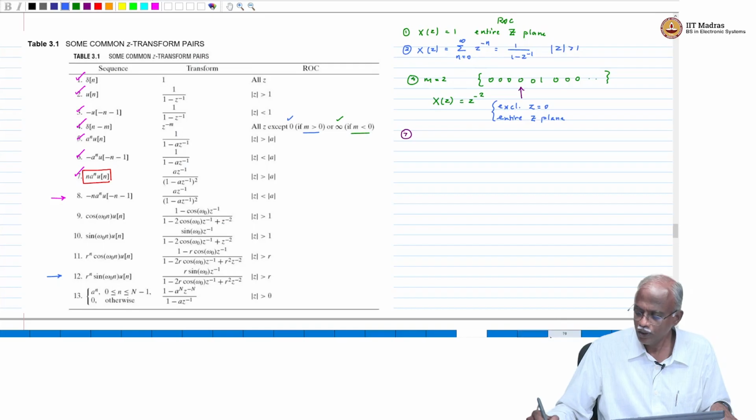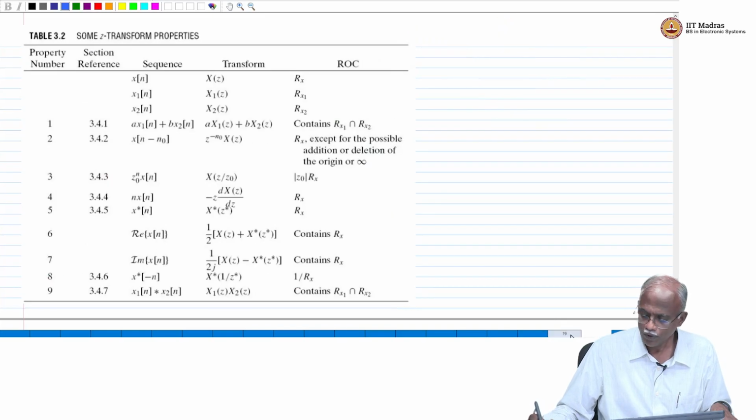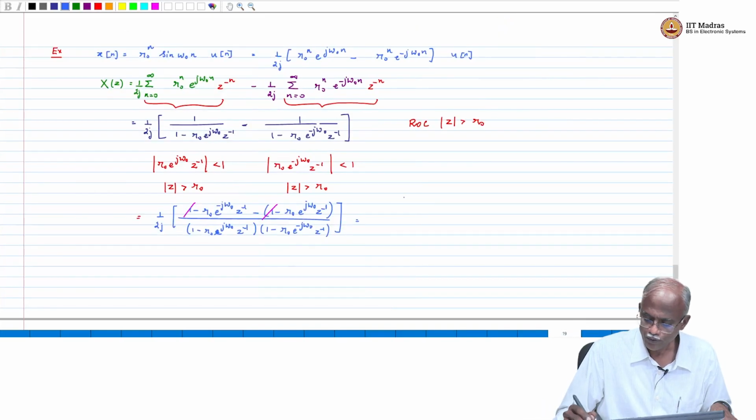Okay, so what we have, this will be equal to, if you combine these two terms, the numerator will be 1 by 2j r naught e power j omega naught minus r naught e power minus j omega naught z inverse.